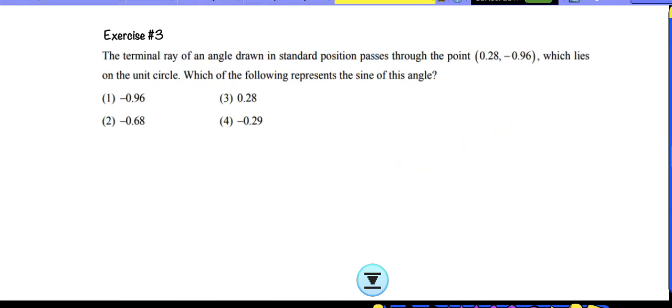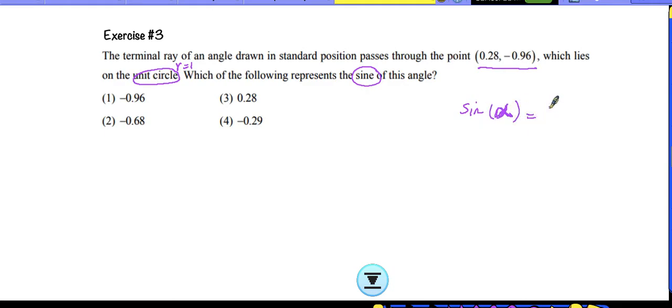Next, let's check this example. The terminal ray of the angle is drawn in standard position and passes through this point, which also lies on the unit circle, r is 1. Which of the following represents sine? So again, sine, let's say this is alpha. Let's write this clearly.